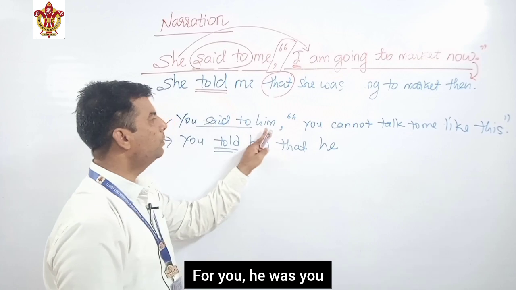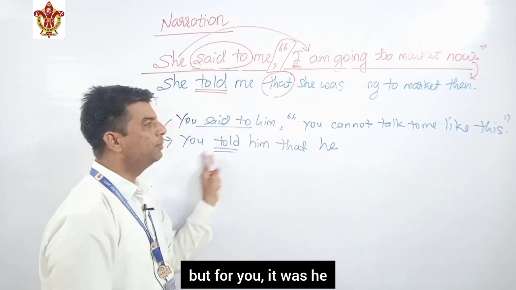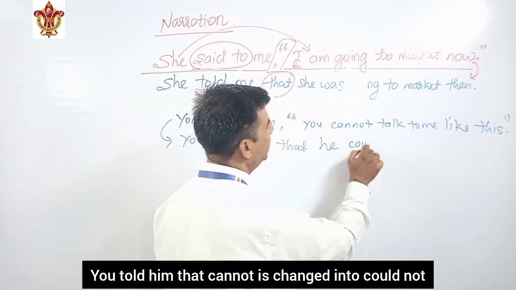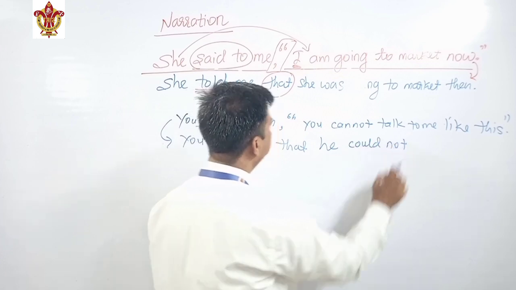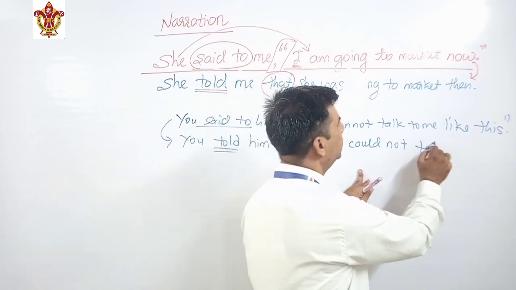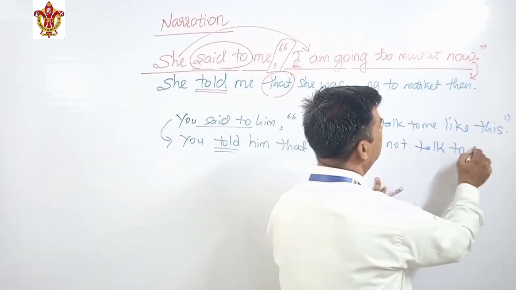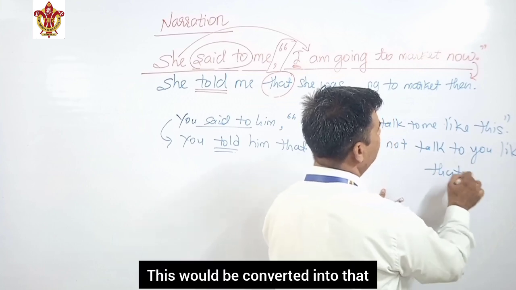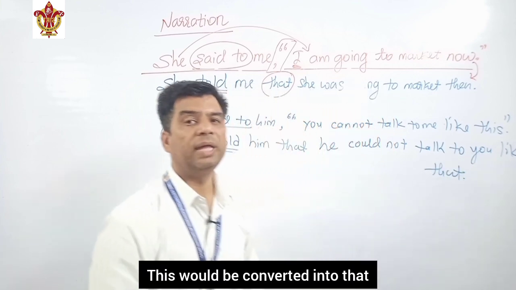For you, he was you, but for you, it was he. You told him that cannot is changed into could not. You told him that he could not talk to you like that. This would be converted into that.